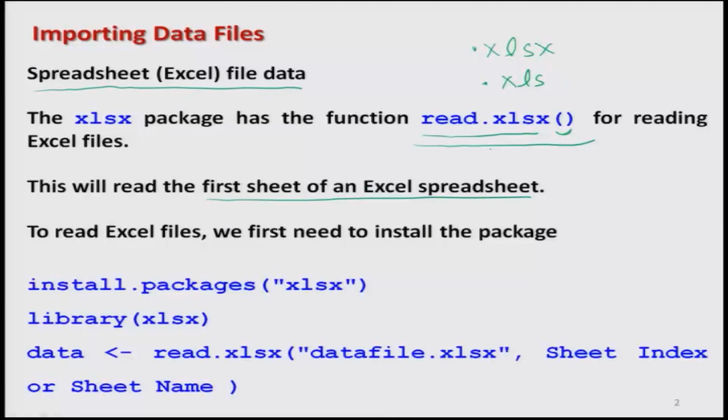So the objective can be to read a particular spreadsheet, which can be identified by the name of the spreadsheet or the number of the spreadsheet, say number 1, 2, 3, 4, or its name. When I am not giving any further option and simply write read.xlsx, it will read only the first sheet of an Excel file. This is an important point which you have to keep in mind.